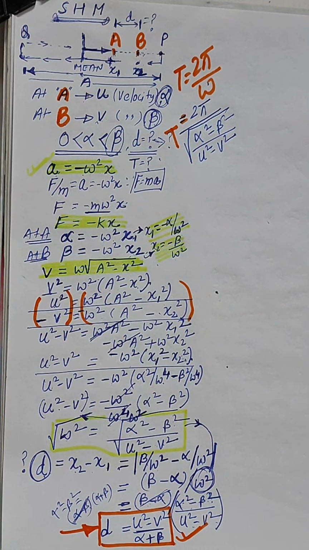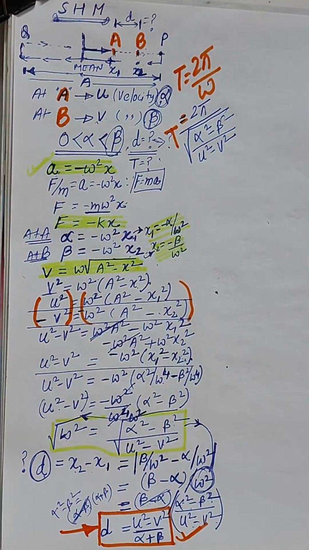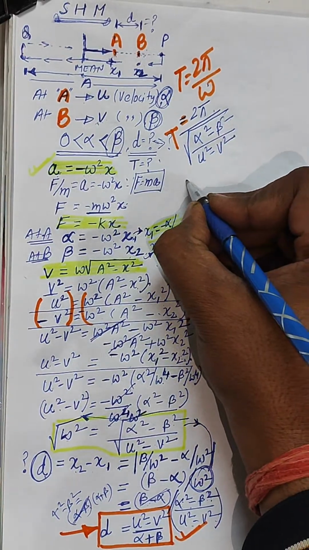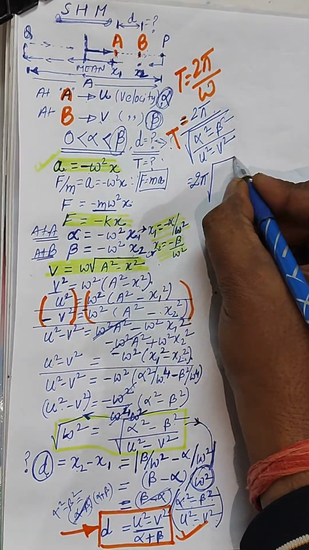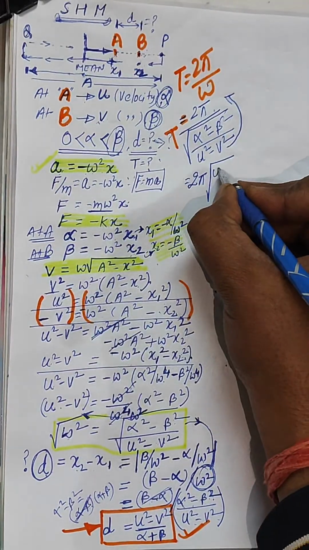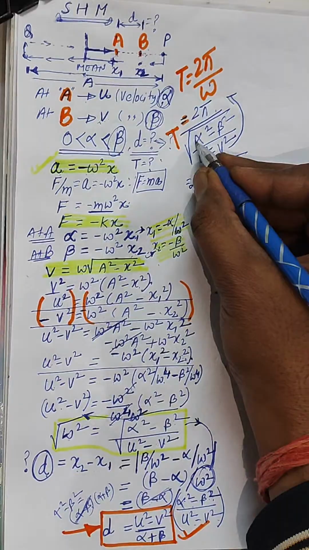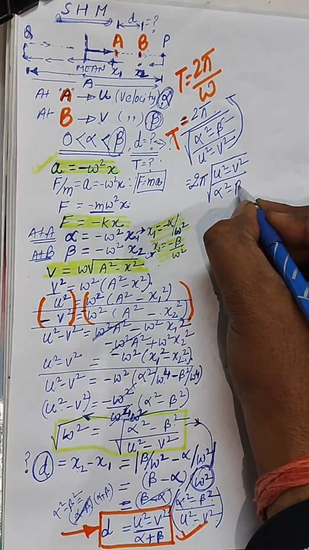And T is equal to 2 pi by this one, which can be written as, when u square minus v square goes into the numerator, it will become 2 pi root over u square minus v square in the numerator divided by alpha square minus beta square, right?